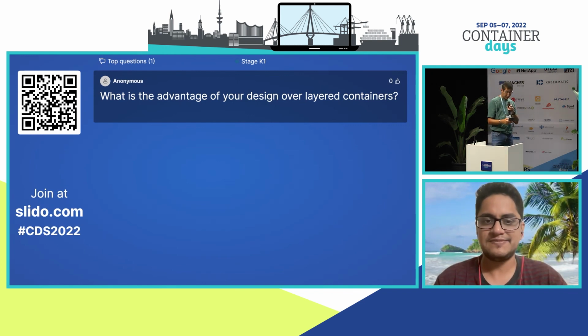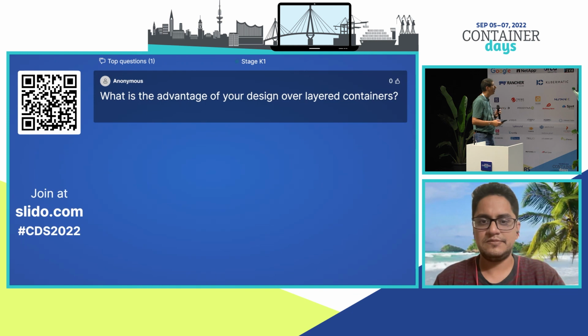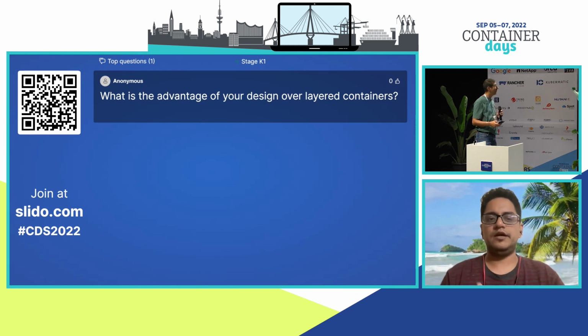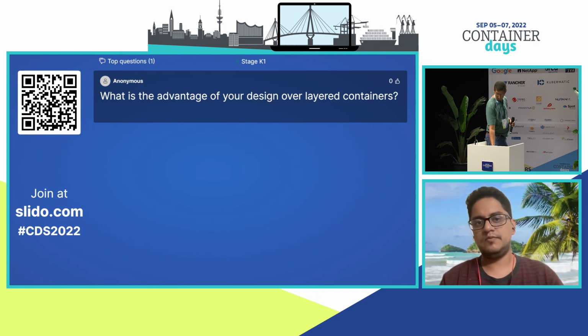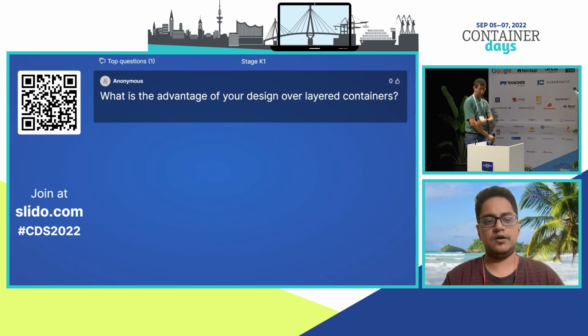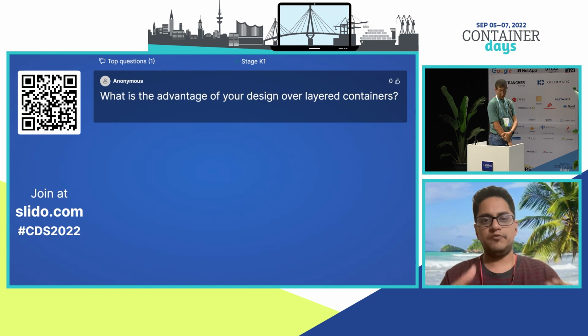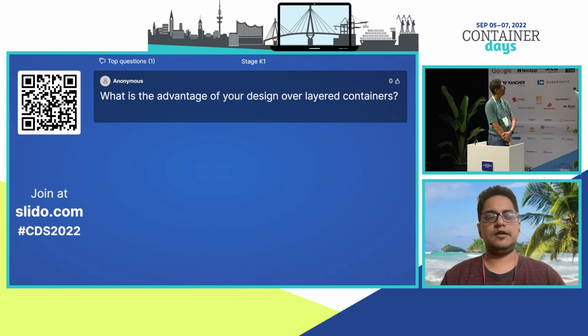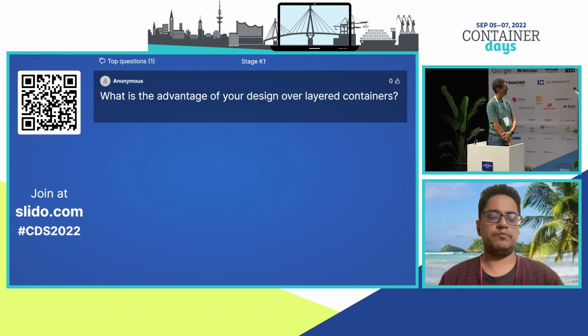We have one question that just rose. What is the advantage of your design over layered containers? So layered containers will still mean your image is still one, right? So it's like you are adding layer by layer by layer. And the problem we are trying to address is when it comes to production, where we have to independently, let's say, handle security vulnerabilities, which may be coming in one particular Python version.